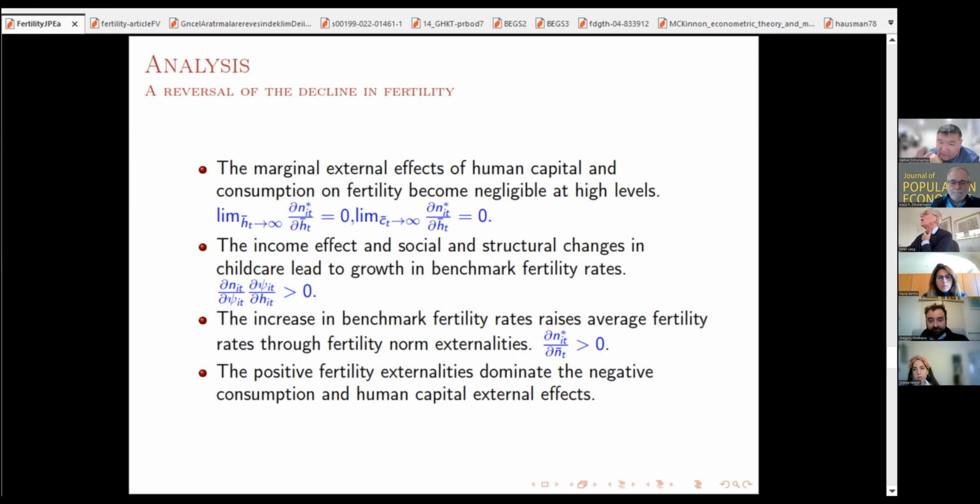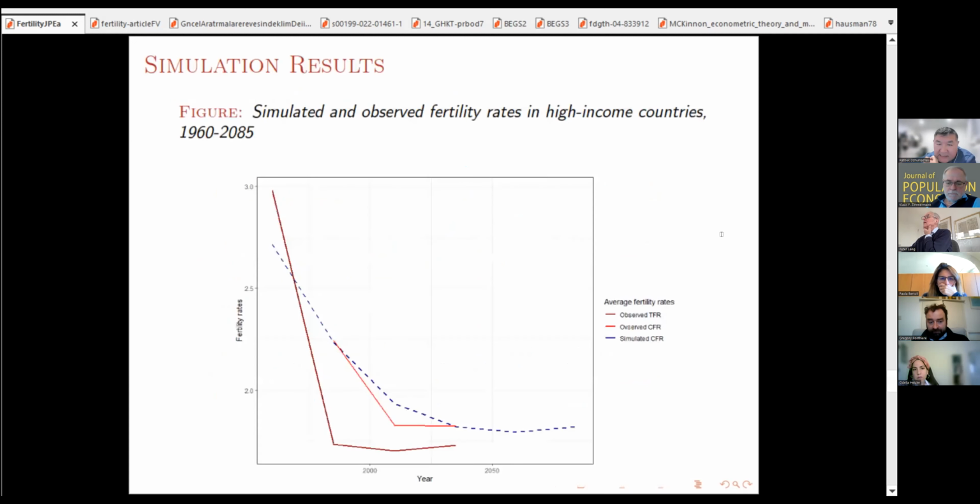So if this effect can change the average, then because of the fertility externality effect, individual people will then be increasing their fertility. Basically that's what is happening, and we try to support it by simulating the model.